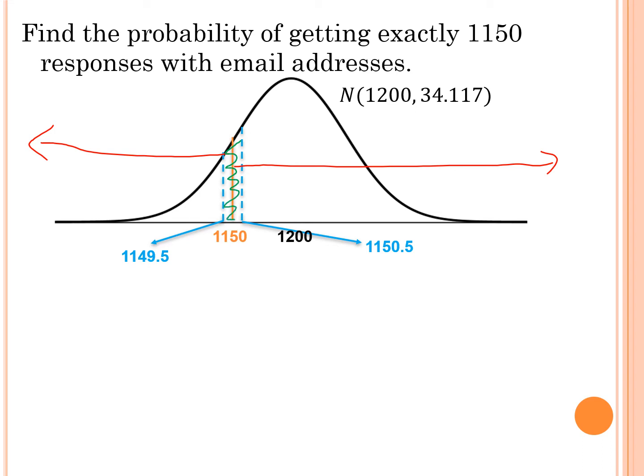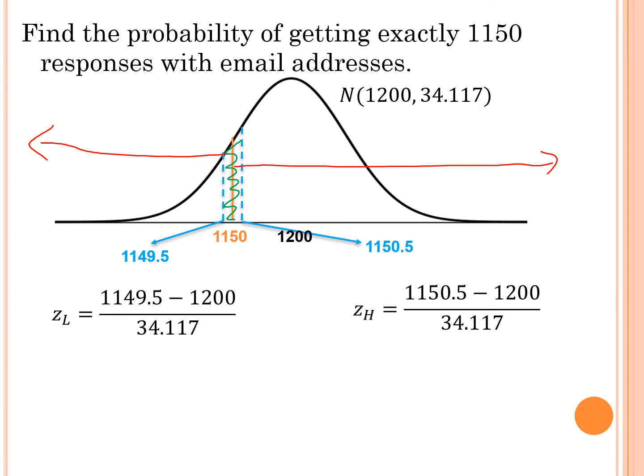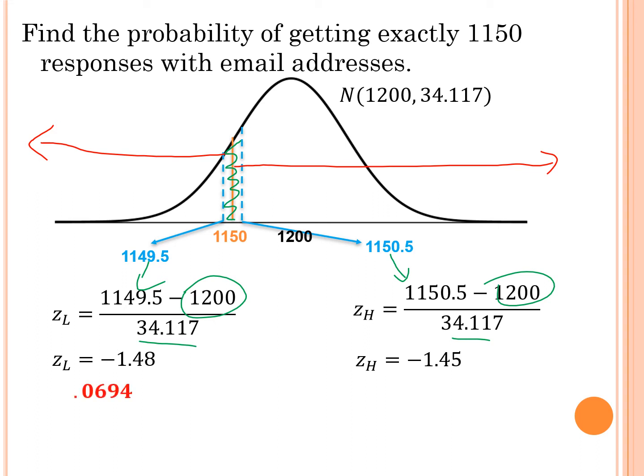So we need z-scores for both of those dotted lines. Okay, subtract the mean, divide by the standard deviation for each of these values. We get negative 1.48 for the one on the left, negative 1.45 for the one on the right, and then we look both of those values up in our z-table.